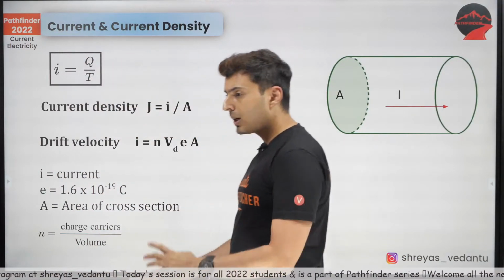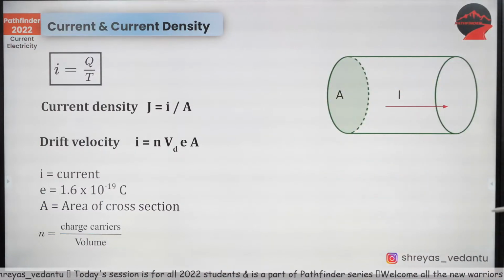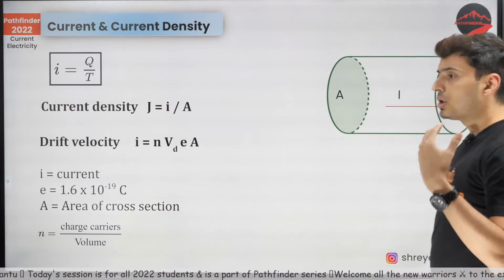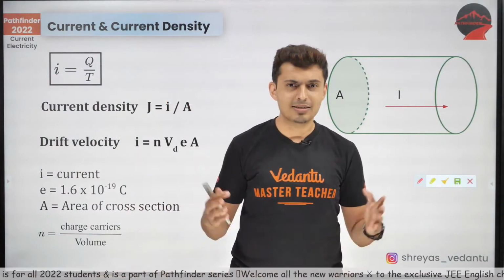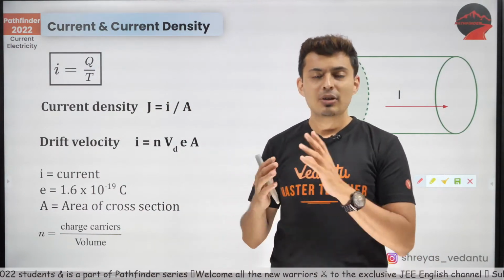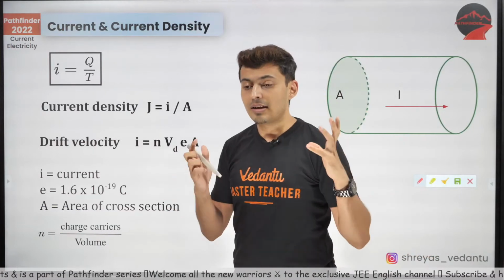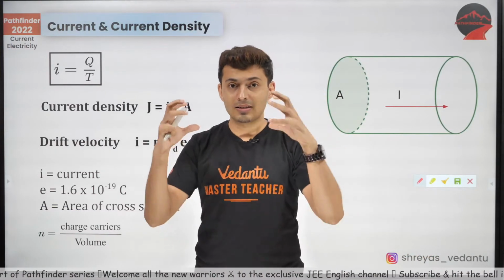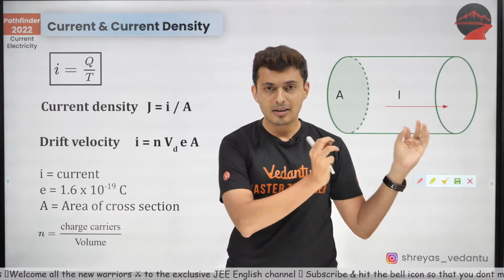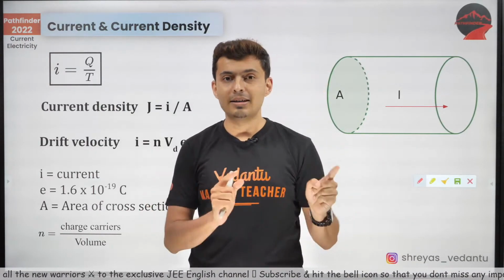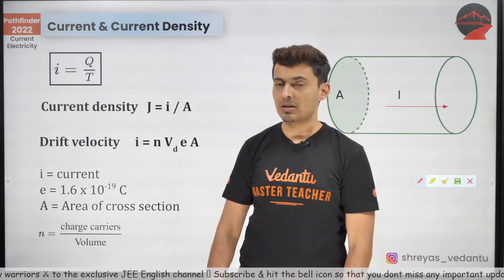Alright, now quickly revising. What is current? Current is nothing but flow of charges. This whole chapter is based on current, voltages, resistances and all of that. So we have seen in electrostatics that the charges stay at rest. Electrostatics, charges at rest. This is current, which is flow of charges.